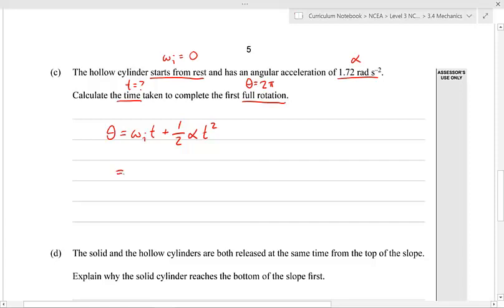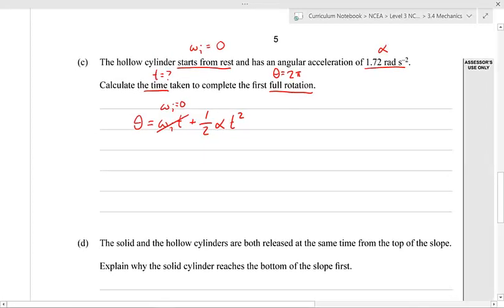In fact, let's rearrange it for t first. Let's first just cancel that because omega I is 0. And then we can rearrange this for t.